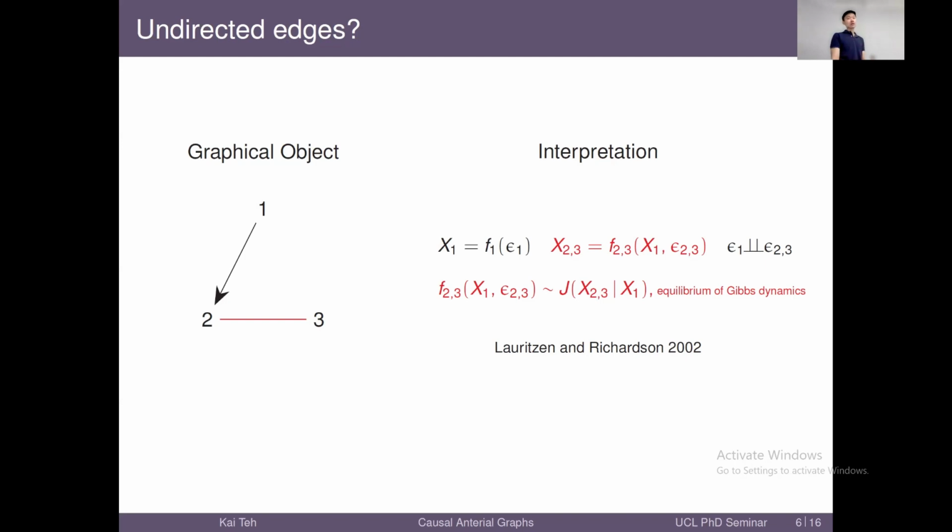So in this case, the chain component is 2, 3. You think of 2, 3 as one giant node, and you take the parent of the giant node, in this case 1, and the noise associated with the giant node. Again, independent noises. And now within the giant node, you interpret that as a joint equilibrium distribution of some Gibbs dynamics.